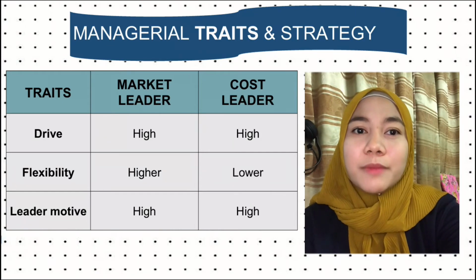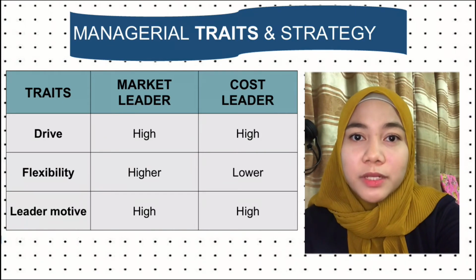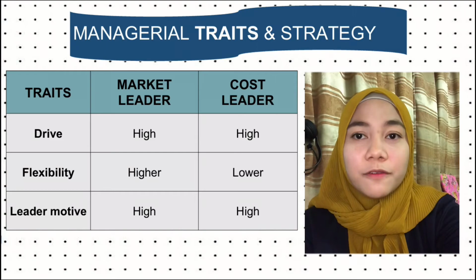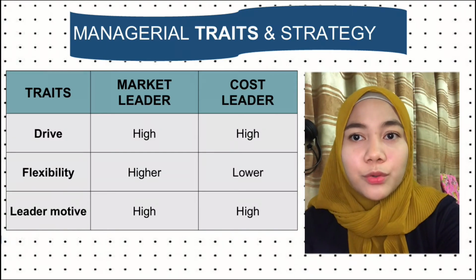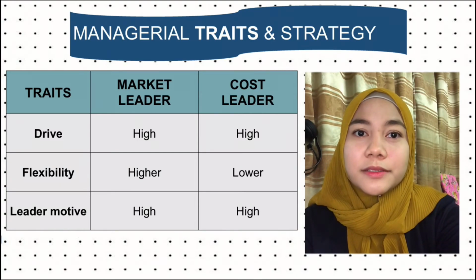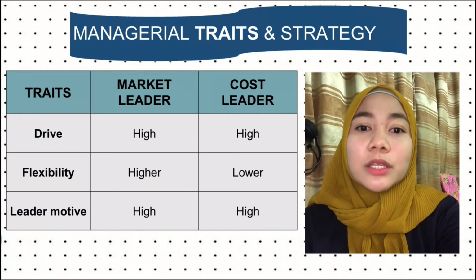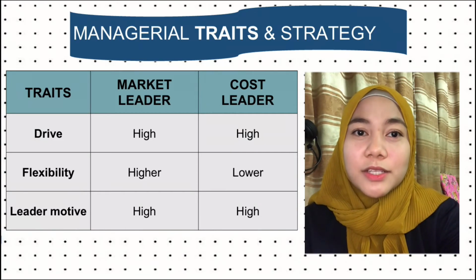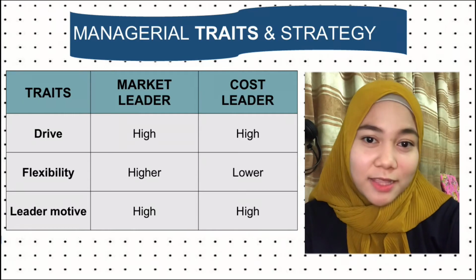Okay. The manager with a higher level of adaptability would likely be more effective than one who was less flexible. Right? Okay, next we will pass to the next presenter.